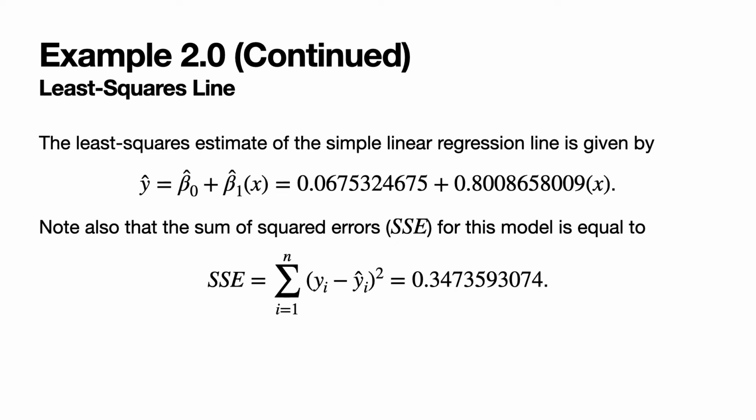We can then subtract those predicted values from the observed values of y, square those differences, add those squared differences up, and that will give us the sum of squared errors, the value of this criterion function for the least squares line. And that turns out to be, in this case, 0.3473593074.